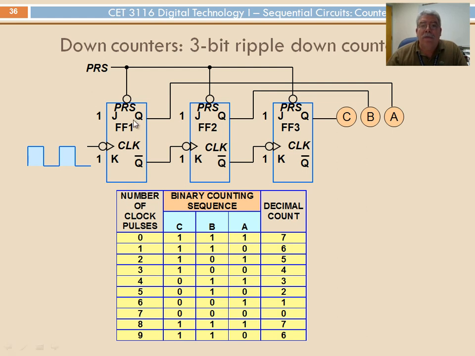See that all 3 flip-flops have, as before in a ripple counter, the J and K inputs tied to 1. In other words, we're using toggle mode.